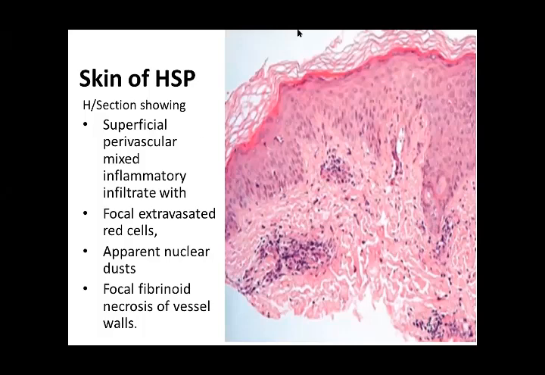This is skin, right? Squamous epithelium, keratin, and the basal layer of the cells. This is the dermis. This is the subcutaneous tissue. In the subcutaneous tissue, you see focal accumulation of inflammatory cells.